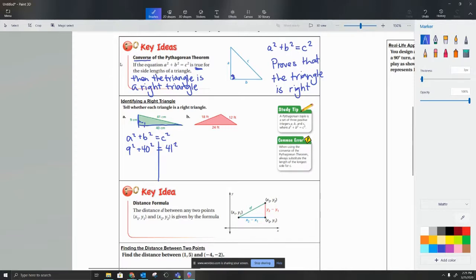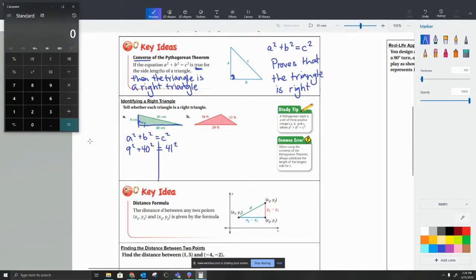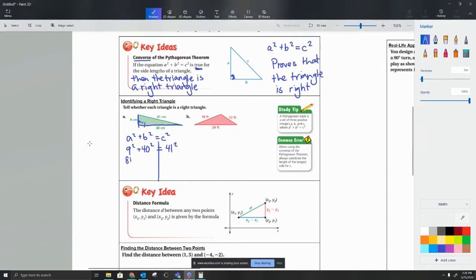So as you can see here, guys, we don't have a missing number now. Instead, we have all three numbers, and we're just going to see if both sides of the equation are equal. So pull up our calculator here. 9 squared, that's 81. 40 squared, that's 1600.